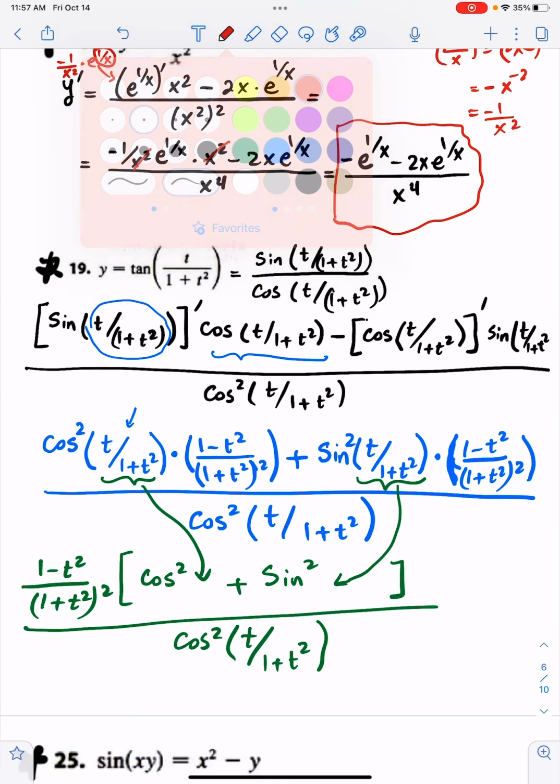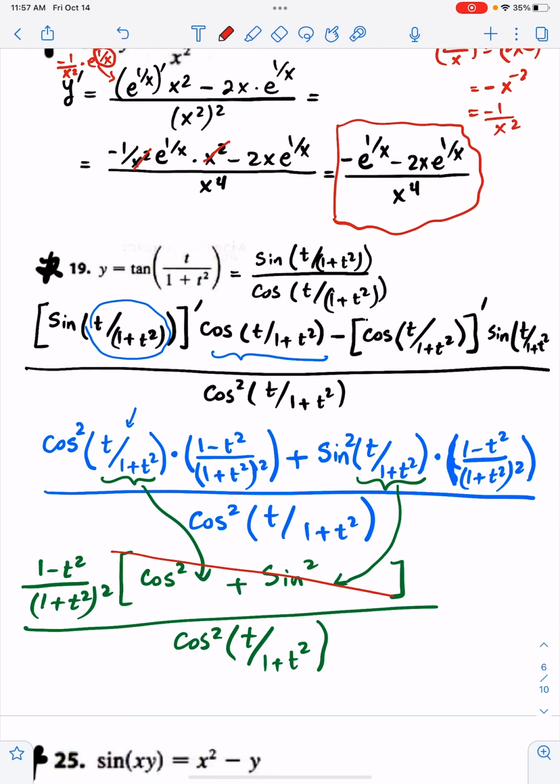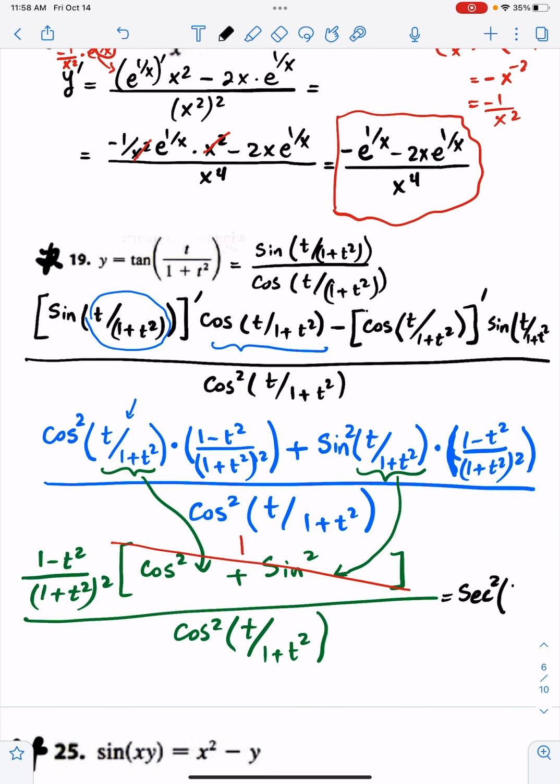So beautifully, cosine square plus sine square of the same inside would be equal to 1. So the final outcome for this question is equal to that 1 over cosine square, which I can write either as 1 over cosine square or secant square of t. Let me just write it on the next line so I have more room.